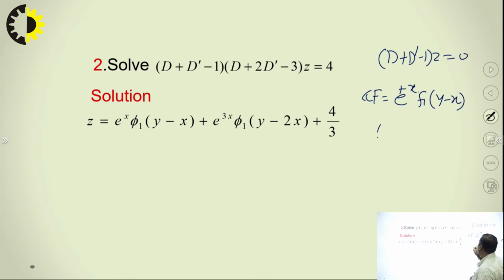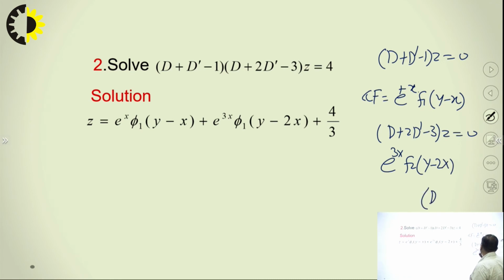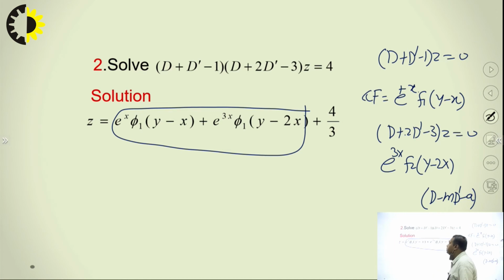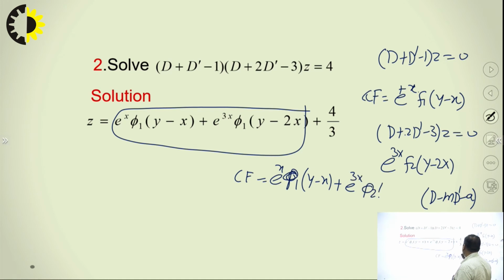Another factor, D plus 2D dash minus 3 into z equals 0, gives e power 3x phi2 of y plus 2x, y minus 2x, because on comparing with D minus m D dash minus a, m is taken as minus 2. So in the complete solution, the CF becomes e power x phi1 of y minus x plus e power 3x phi2 of y minus 2x.